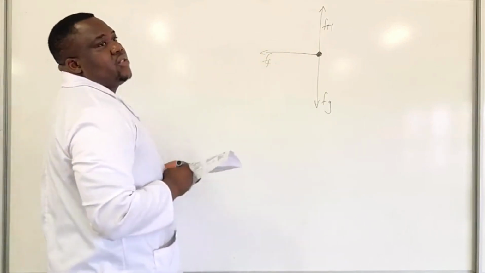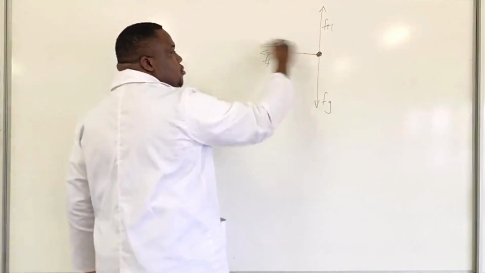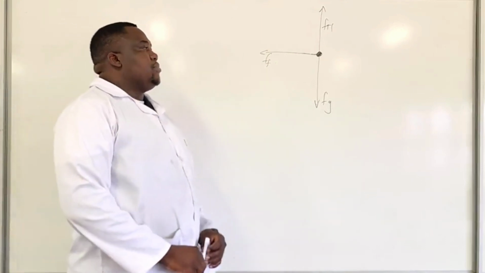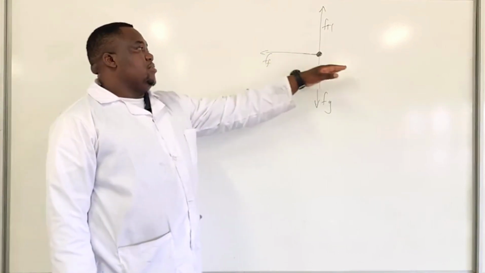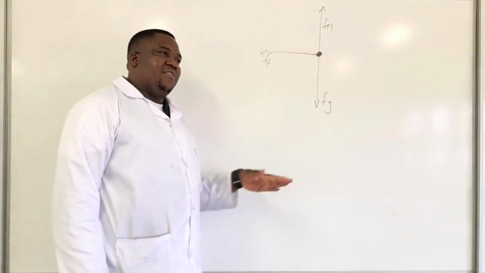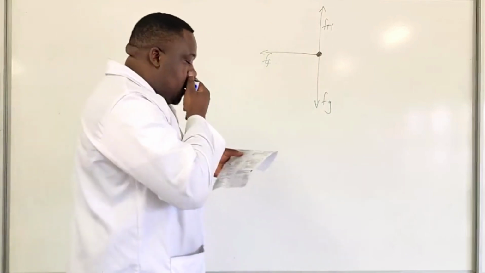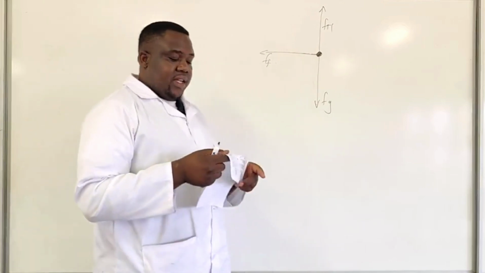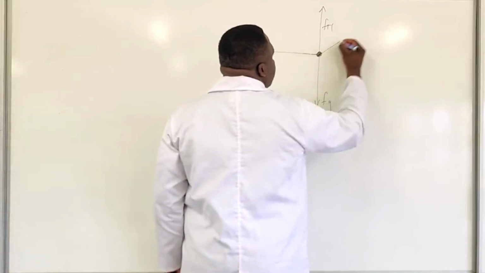Never use free hand to draw a free body diagram, just like what I'm doing. Don't just use your hands. Use a ruler. I cannot use a ruler because I don't have a bigger ruler to assist me to draw this. So yourself, make sure that you use a ruler, so that you don't get penalized. Then we know that there is a tension which is acting at a particular angle, and that tension is acting at this angle.